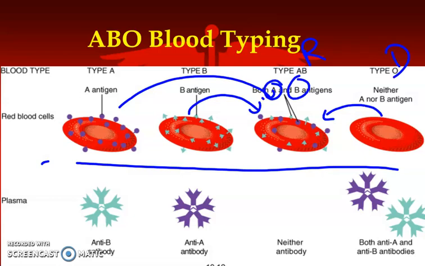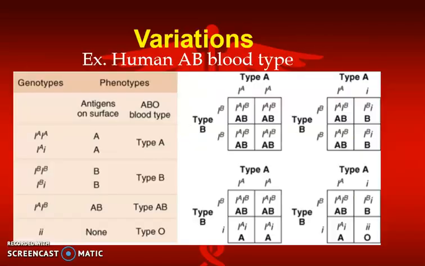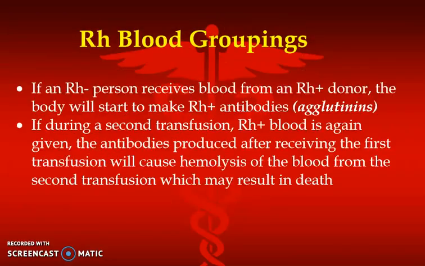But there's one more antigen we've got to talk about really quick, and that antigen is called the RH antigen. Okay, so what we found out is these red blood cells not only have the A and B antigen, but they also have another receptor that we call the RH antigen.